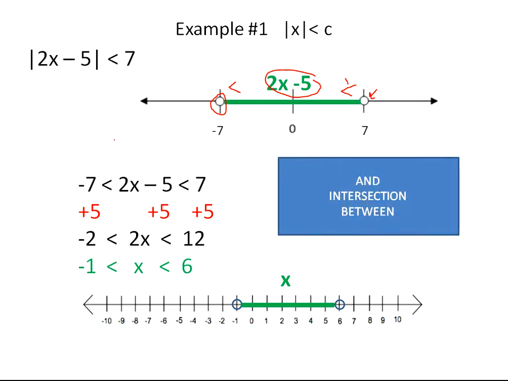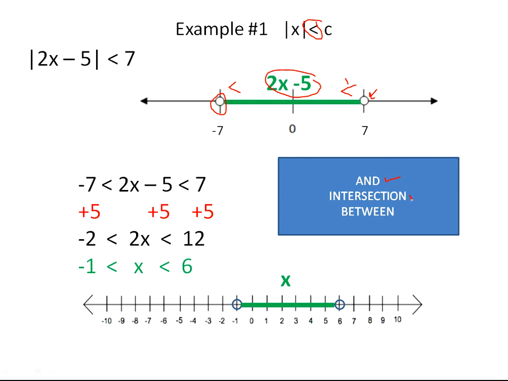So this is called an AND. You notice that when the absolute value of something is less than, it's going to have this pattern. It's going to be referred to as AND. So we have 2x minus 5 is greater than negative 7, and 2x minus 5 is less than 7. It's going to fulfill both of those.